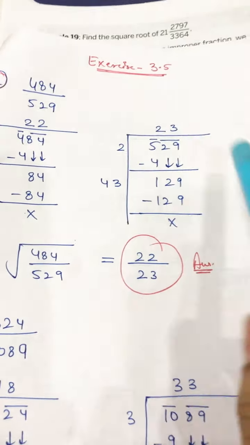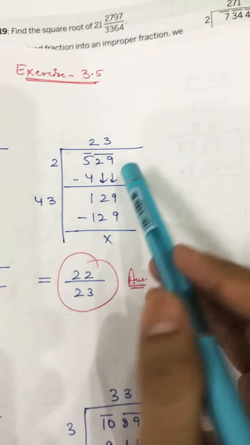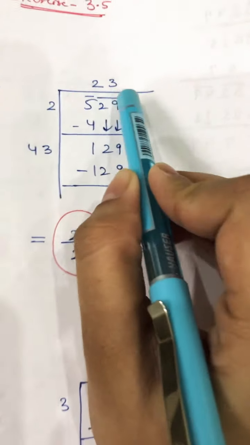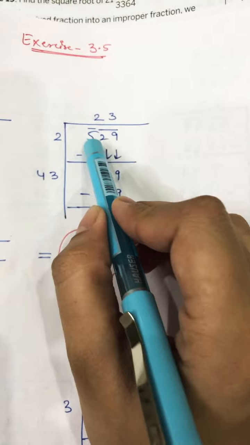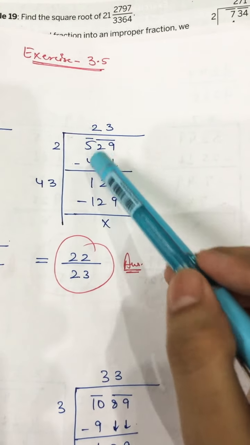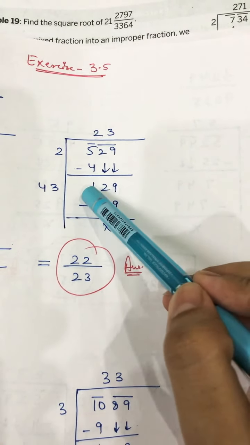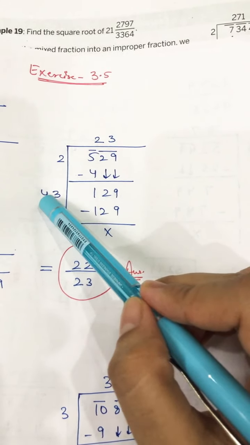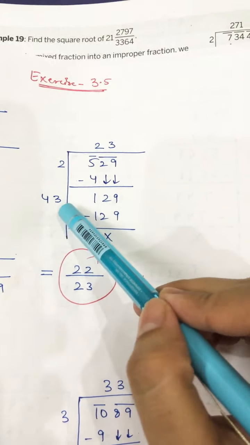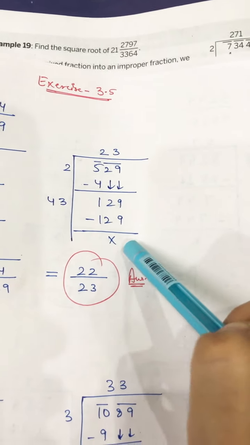Now come to this side. This is the denominator. From the last digit, start making pairs. First pair and the second. This is a single digit. Now 2 2s are 4. 1 is left. Take out the next two digits, 129. 2 plus 2 is 4. It will go on the 3 table. 43 3s are 129. Now cancel it.